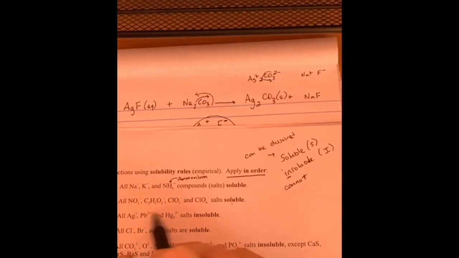But let's just say, for instance, that we skipped that one. All carbonates, oxides, sulfides, hydroxides, sulfites, chromates, and phosphates are insoluble except for CaS, SrS, BaS, and Ba(OH)2. So what that means is that this forms a solid because of rule number 3 right here. This is exactly why I had you do that on your homework, right? So you understood what the rules were.